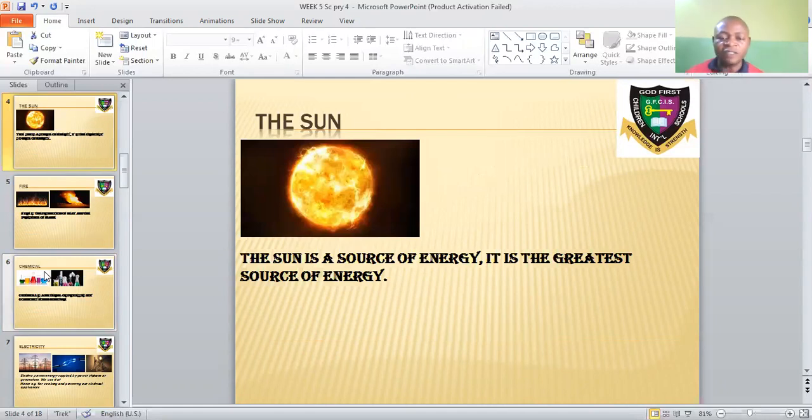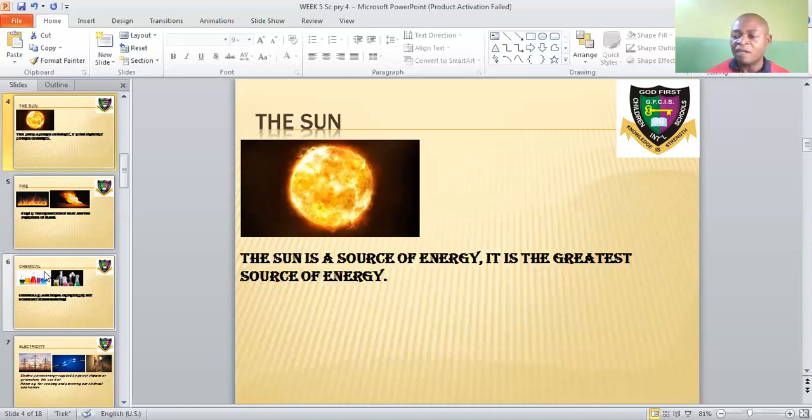The sun is a source of energy, and it is the greatest source of energy. The greatest source of energy comes directly from the sun. The sun is the star at the center of the solar system, which the earth revolves around, and from which the earth receives its light.